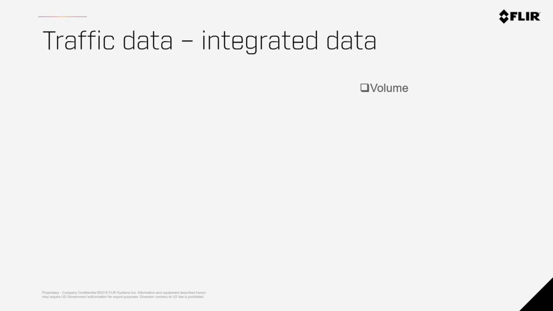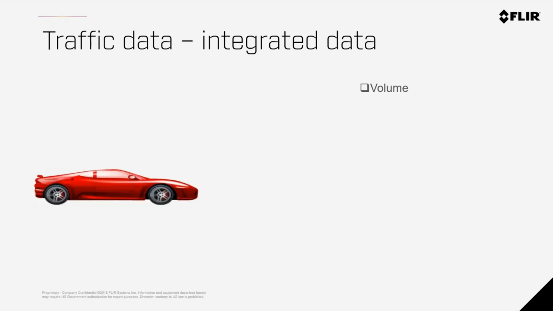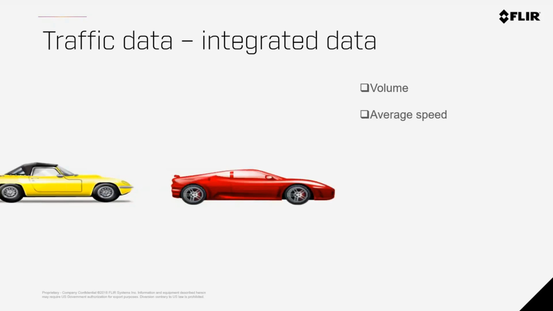First of all, how many vehicles are being detected by your solution, by our sensor or camera. Also the average speed of those vehicles, but also the headway. And what I mean with the headway, that is going to be the distance nose to nose between two vehicles, measured or presented in meters.